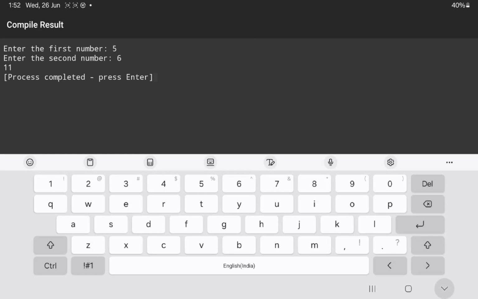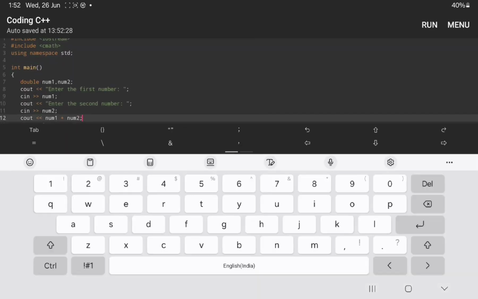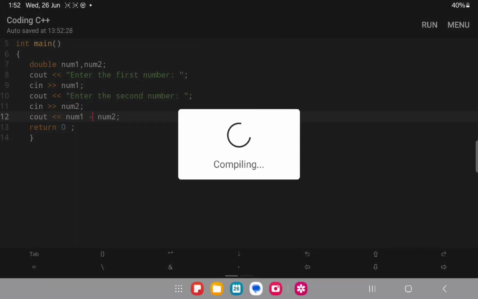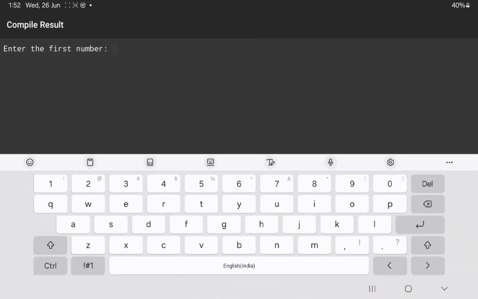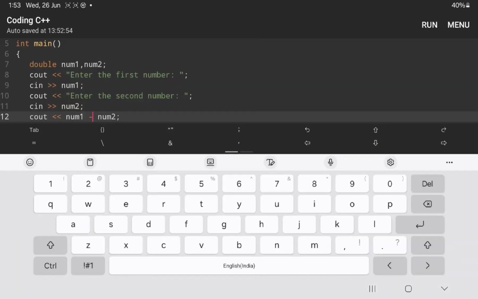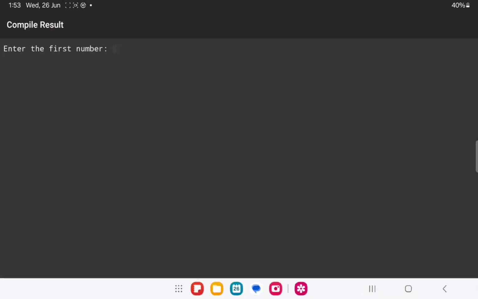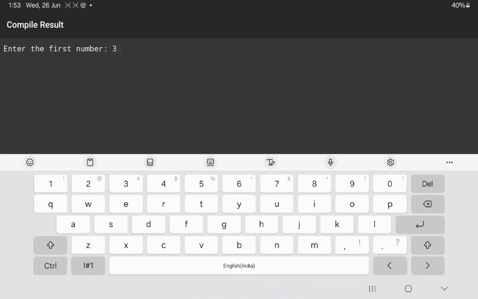So maybe not only addition, but there is subtraction. Let me show you. We are going to write 6, 3, 3. There's also multiplication, the star. We are going to write 3, 5, 15.